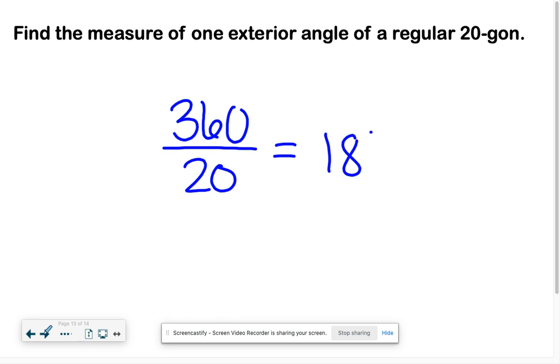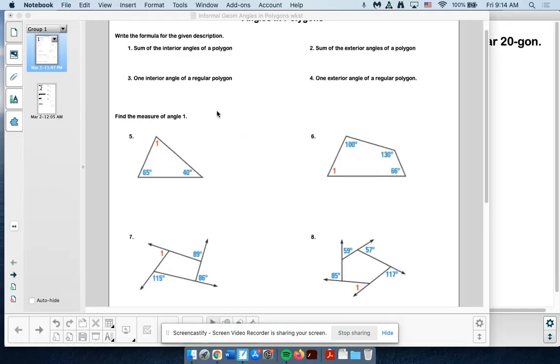We'll start this salmon colored worksheet together and get a good start on it. Okay, let's grab the worksheet here.